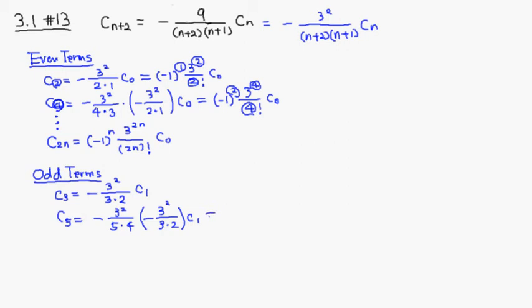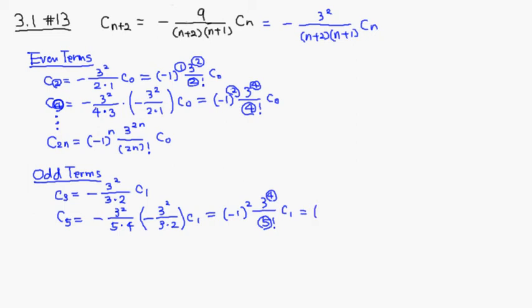All right, then we can see that again, negative 1 times negative 1 there. And 3 squared times 3 squared would be 3 to the 4th power. And 5 times 4 times 3 times 2 is, again, 5 factorial, times C1. Then, better yet, I'm going to make a little bit of adjustment to mimic the pattern here. We have 5 factorial, and it would be nice to have a 5 here. So I'm going to make that 5 by multiplying by 3 and dividing by 3.